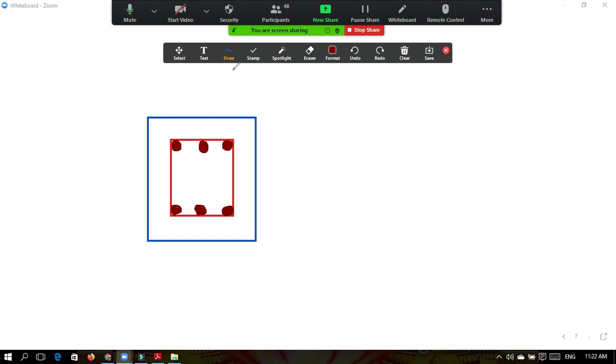Here these are our top reinforcement, 3 bars of 20 mm diameter. At the bottom also 3 bars of 20 mm diameter.